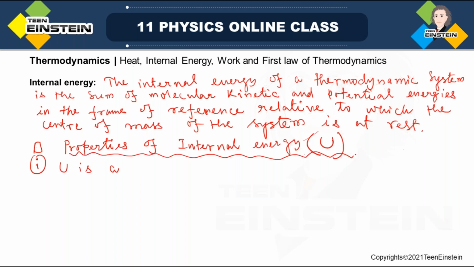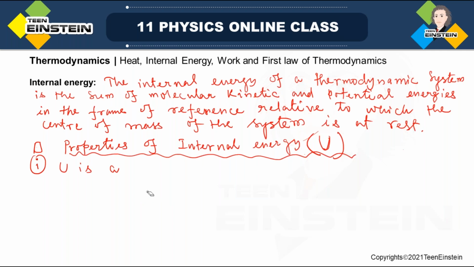Now we are discussing some properties of internal energy, which is generally denoted by capital U. Whether I write small u or capital U in thermodynamics, you should understand this is internal energy.